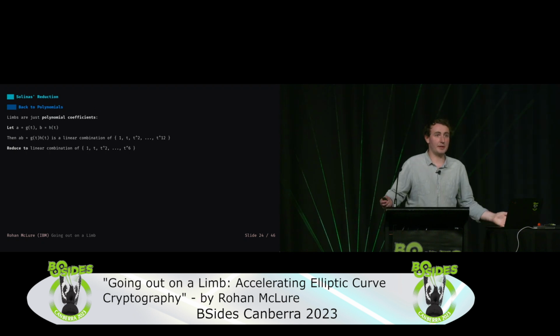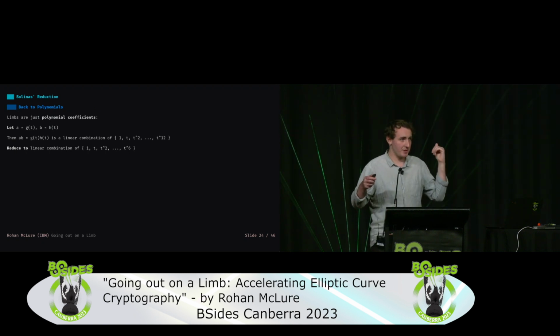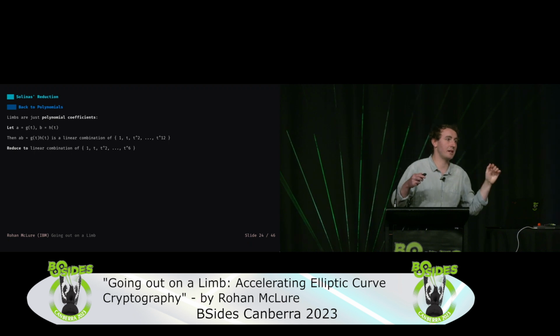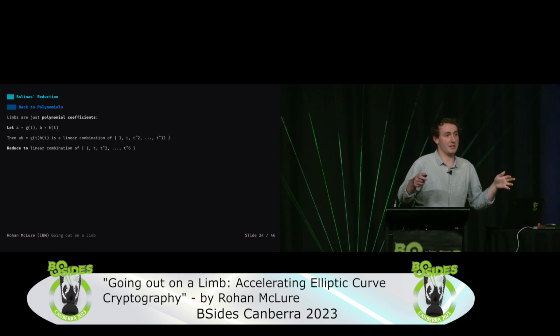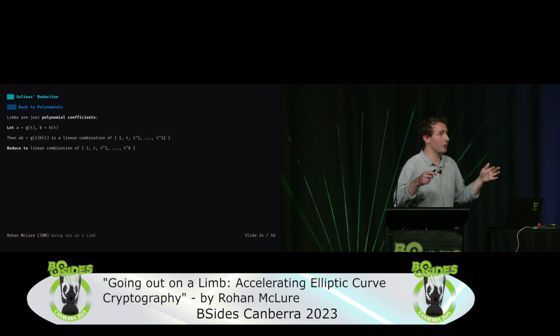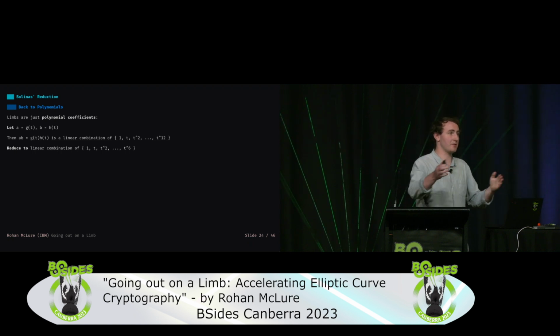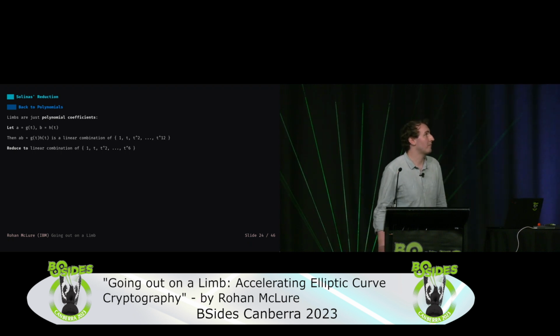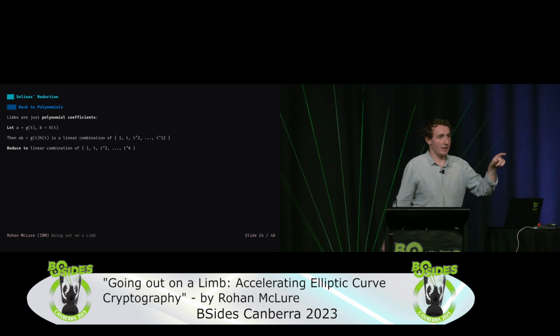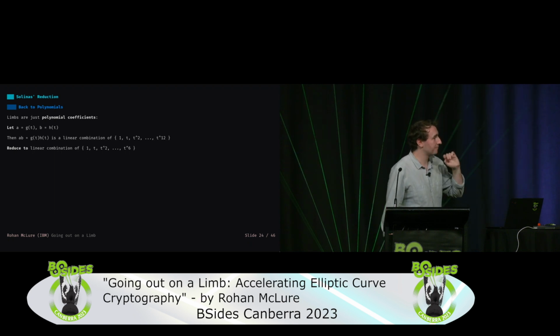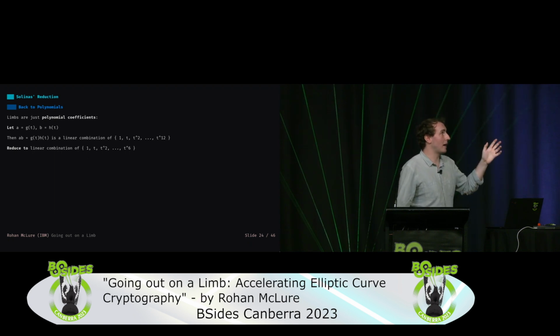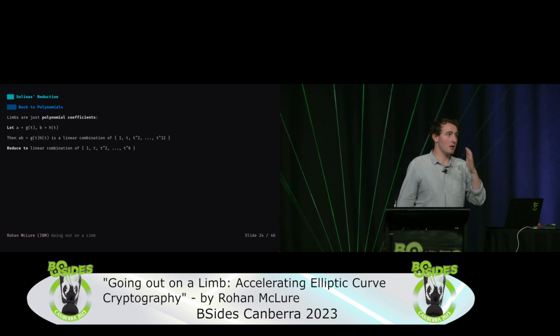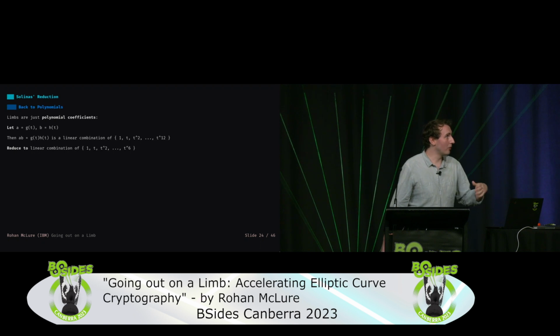And so basically, the substitution, the summation from a couple slides ago is saying that limb representation is just polynomial coefficients. A limb is a polynomial coefficient, where t is 2 to the power our limb width. And so our inputs to a multiplication, a and b, are just polynomials. We polynomial long multiply them.